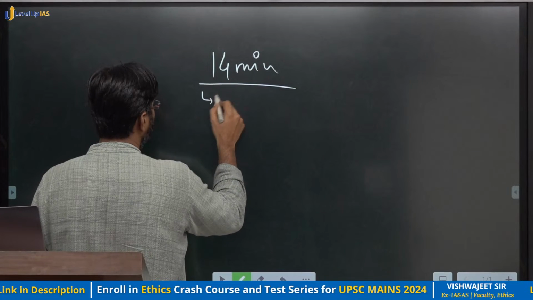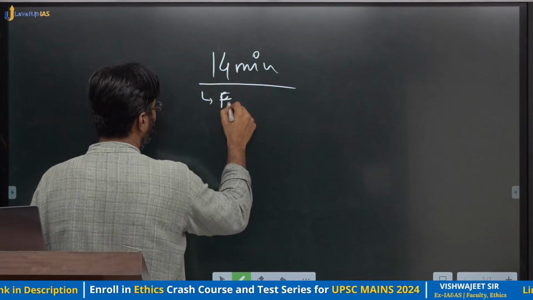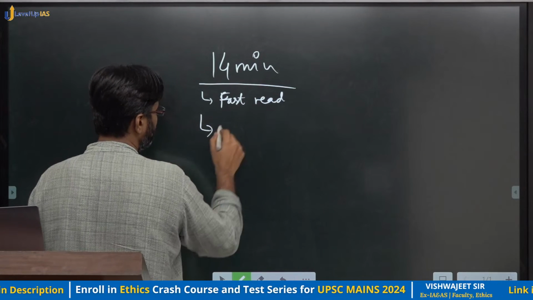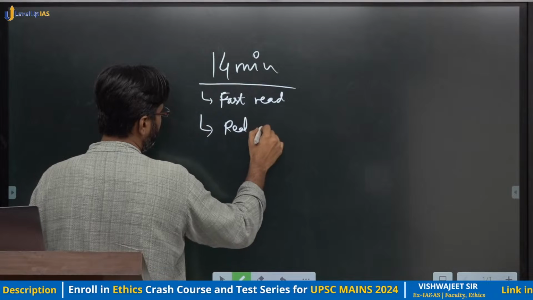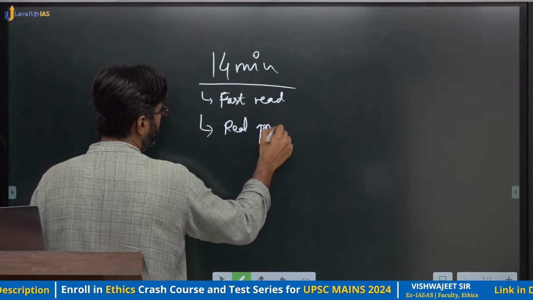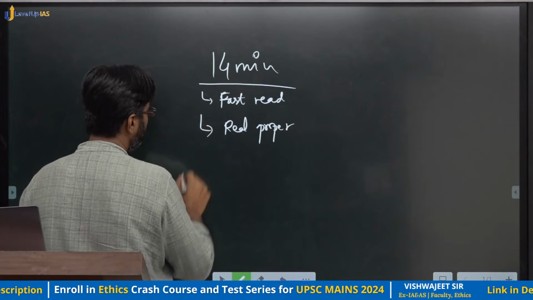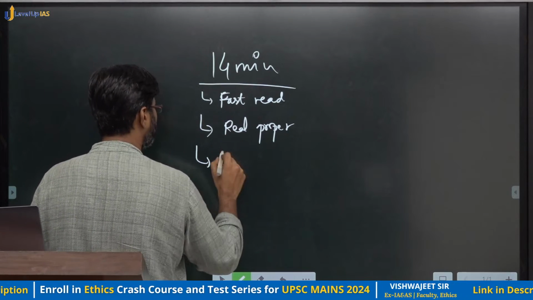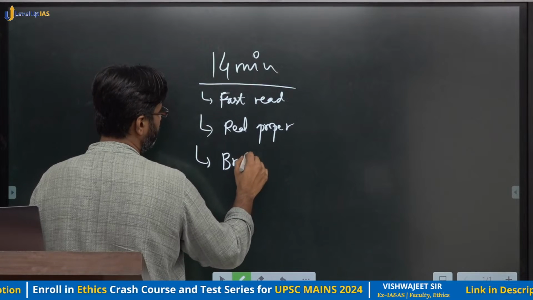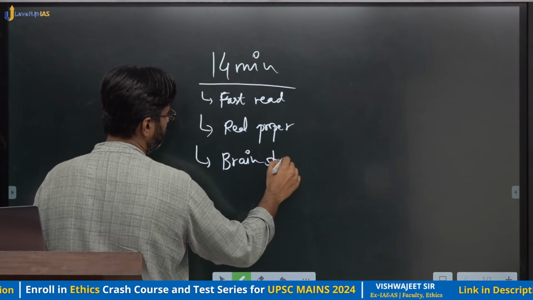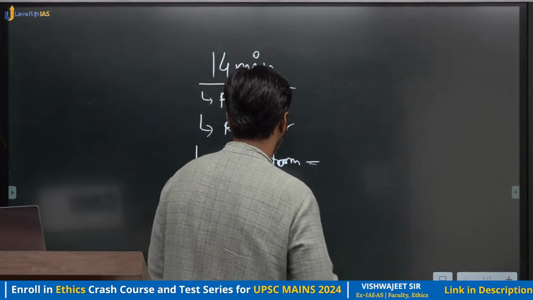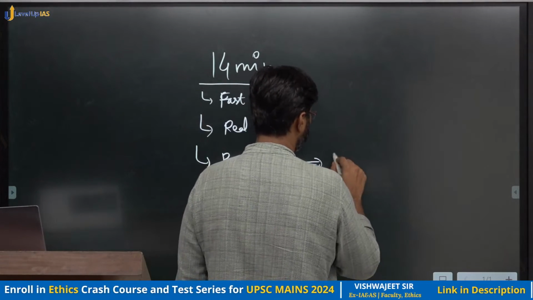Number one, first, you call it fast reading or glance through. Then read properly, second reading. Then brainstorm, or the best way to say is rough work.